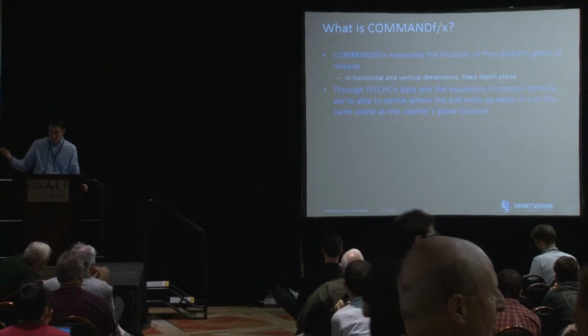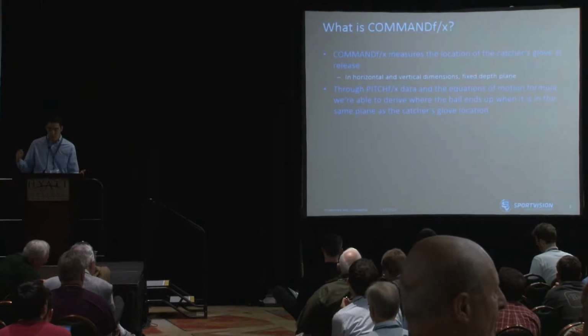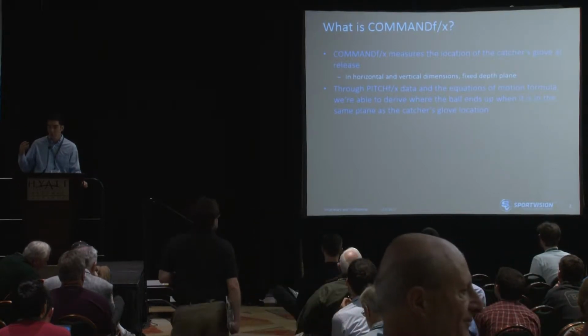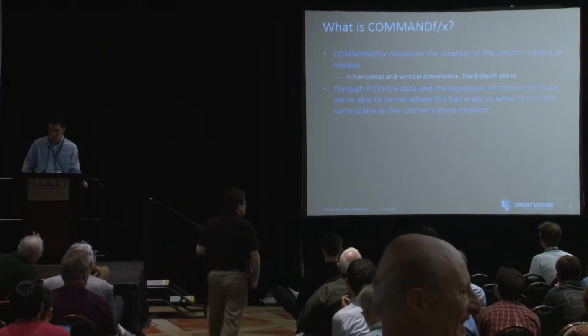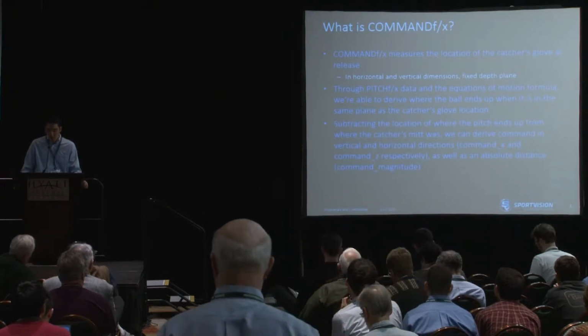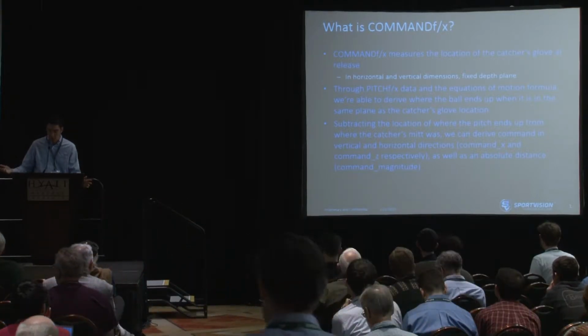Then, with Pitch Effects and the equations of motion formula, we're able to derive where the ball ends up when it's in the same plane as the catcher's glove. So then we know where the glove was set up and where the ball ended up going. Subtracting those two numbers, we can derive a measurement of command in both the vertical and horizontal directions.